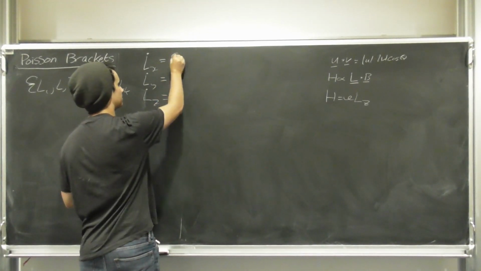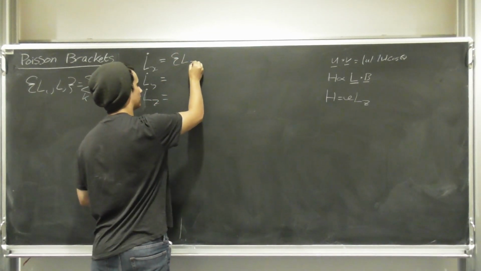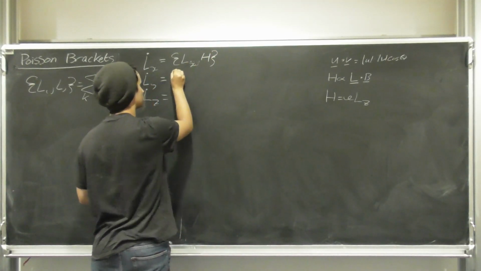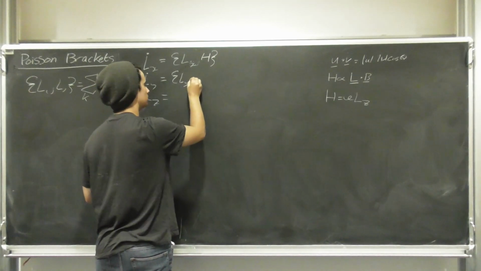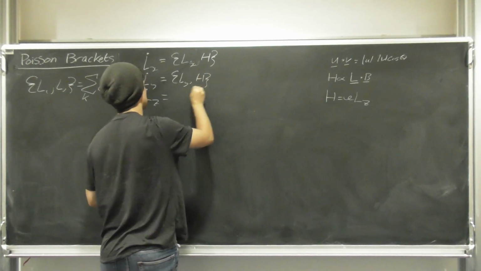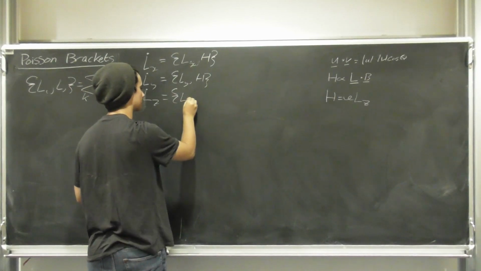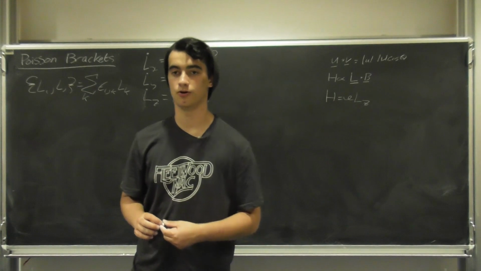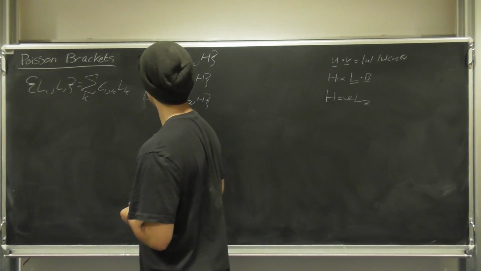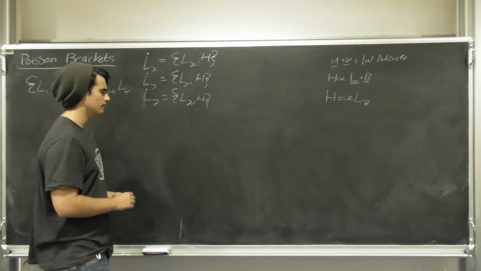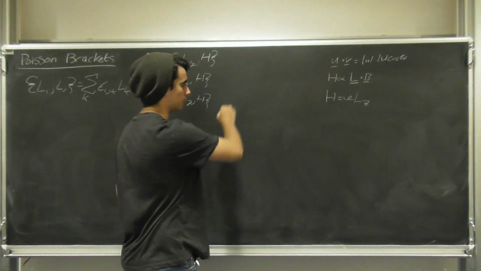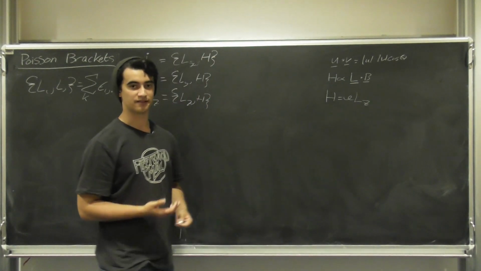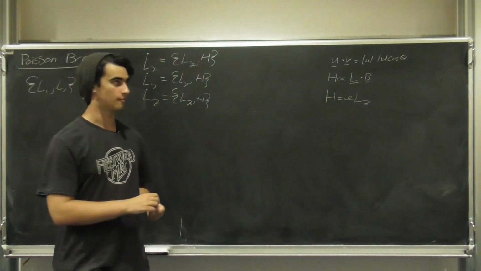We can say that this is the same thing as the Poisson bracket of L sub x with the Hamiltonian H, and likewise for our other two. Just quickly off the bat, we can sub in our Hamiltonian, which is omega times L sub z, and omega being a constant, we can bring it out front.